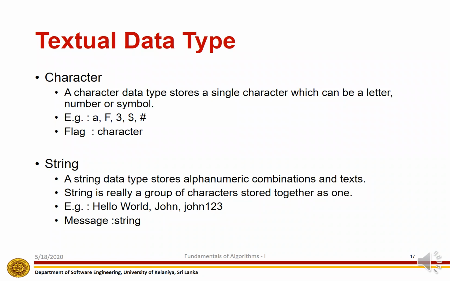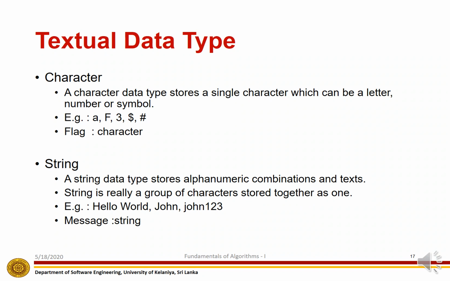The next type is string. A string data type stores alphanumeric combinations and text. String is really a group of characters stored together as one. Earlier in character type, we can store only one character, one symbol. But in here, string type, you can store any sequence of characters together. For example, hello world as one string, John 123.